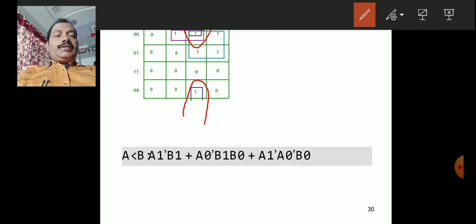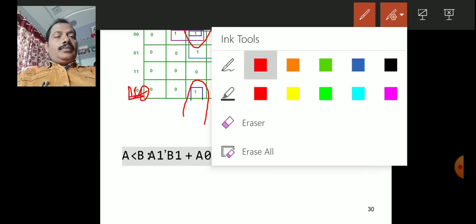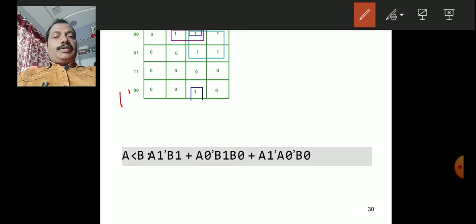For that, this is 1 0, it is a printing mistake, it is 1 0. That means A1 is not changing, A0 is changing, hence A0 is eliminated, A1 is retained.